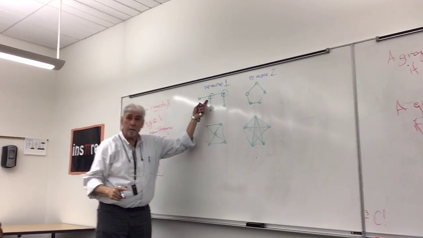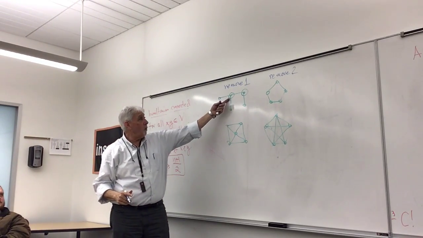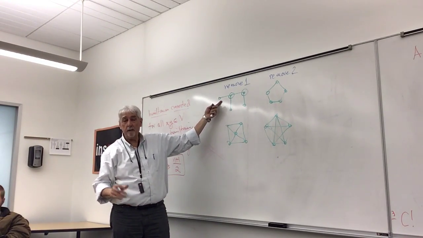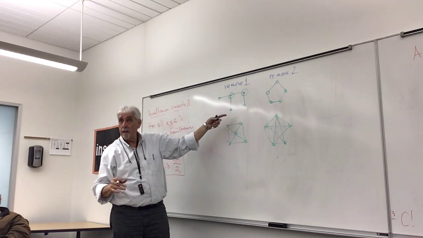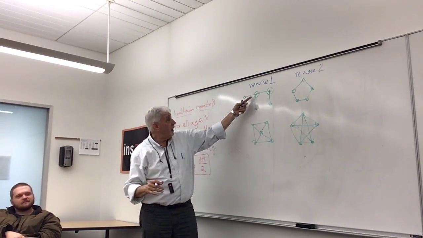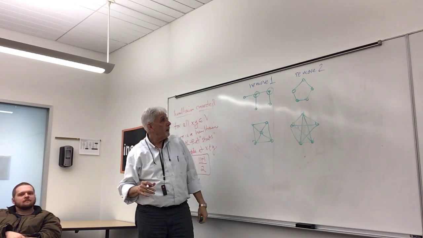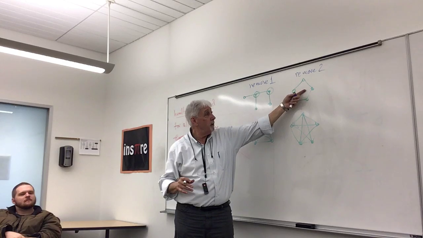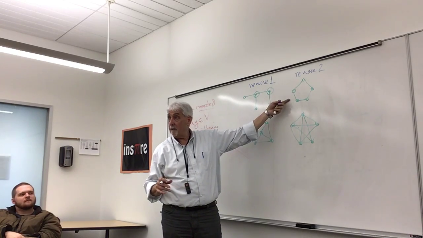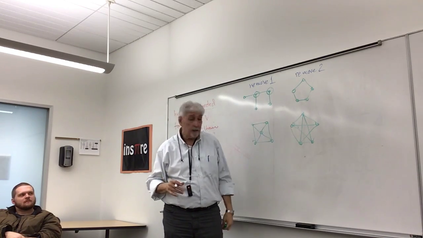We have to be strategic about it. We have to remove the right one. If we remove this one, the remaining points are all still connected. So I have to choose the right one. Here, if I remove 2, and I have to choose the right 2, then the resulting graph is disconnected.